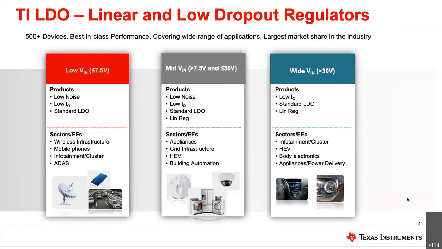Low quiescent current for power savings in battery-powered equipment such as portable electronics, or even systems powered off of batteries in cars and drones. We also have our older, robust, tried and true solutions in our linear regulators, such as our LM317s, that have withstood the test of time. And also our standard LDOs for powering more generic rails. So as you can see, TI truly has an LDO to cover all your needs.